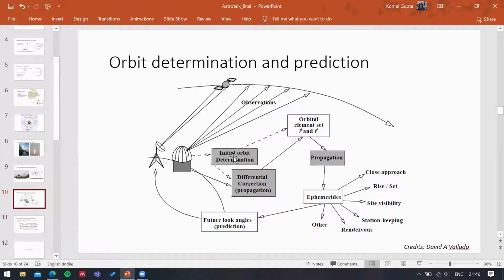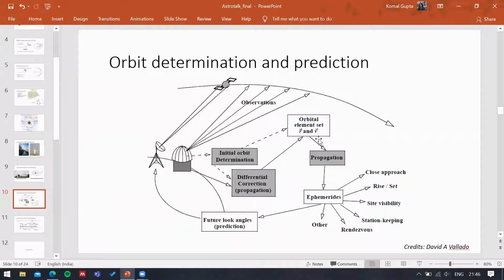That orbit determination algorithm gives you an initial set of radius and velocity vectors. Now, by using an iterative process known as differential correction, you can use subsequent observations of the satellite to correct your orbit.